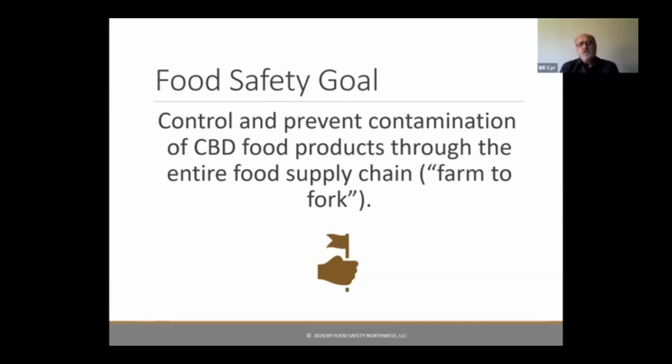So as we go forward, as we talk about plant material that's been harvested, going to extraction, and then within extraction, you have crude oil, you have distillates, isolates, and further processed products within those categories.